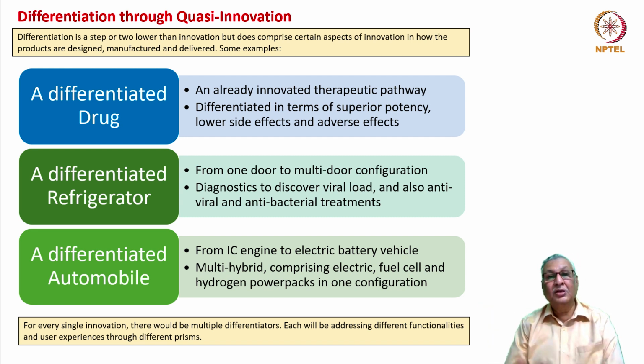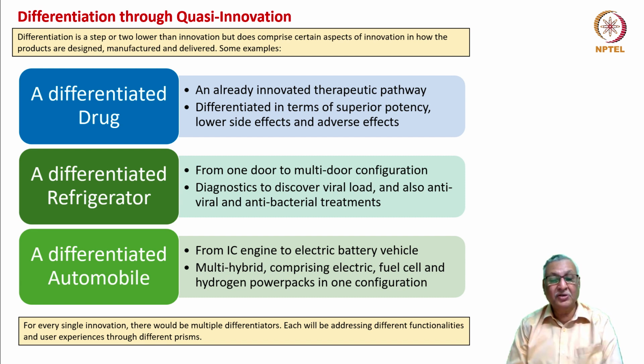A differentiated automobile can come principally by the change from IC engine to electric battery vehicle, but multi-hybrid, comprising electric, fuel cell and hydrogen power packs in one configuration, could be one game-changing automobile. Similarly, solar-powered automobiles, flying automobiles, they all could be highly differentiated automobiles, very different from the way automobiles are perceived, designed and manufactured.